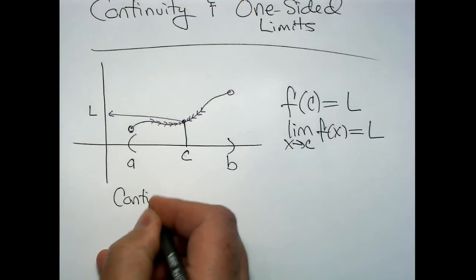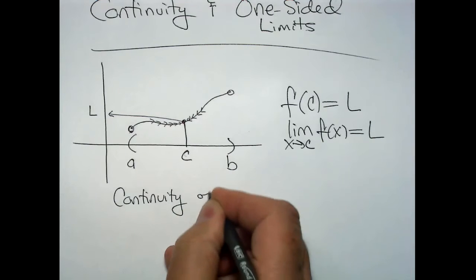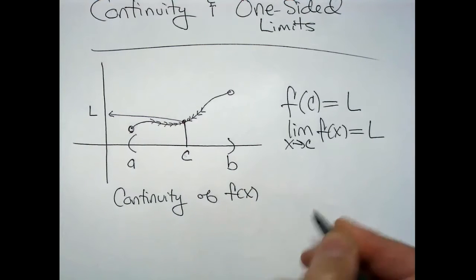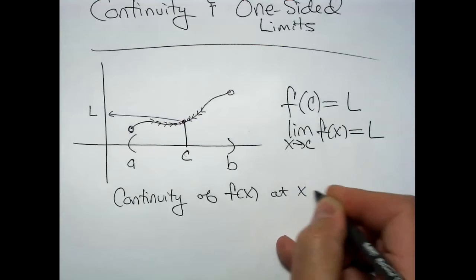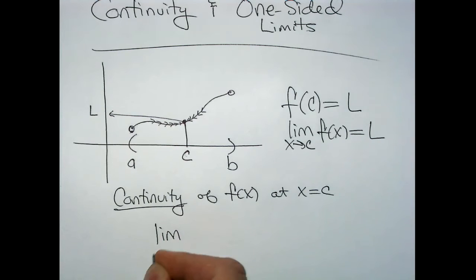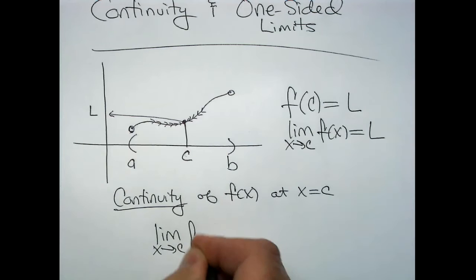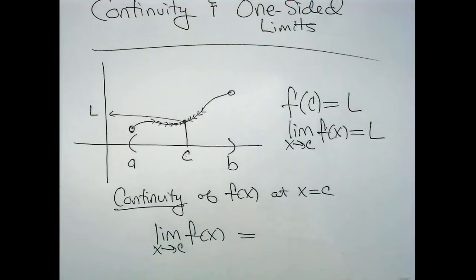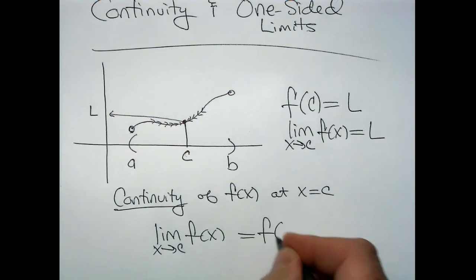So the continuity of my function f of x at x equals c: we have continuity when the limit as x approaches c of my function is equal to the actual function value itself.